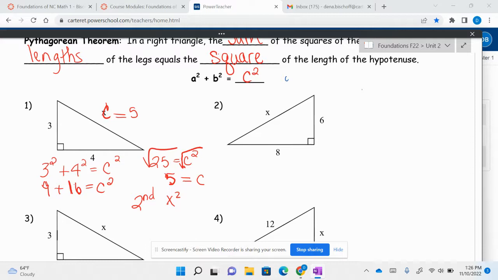So what do you have? 6 squared plus 8 squared, and that equals 100. So 100 equals c squared.